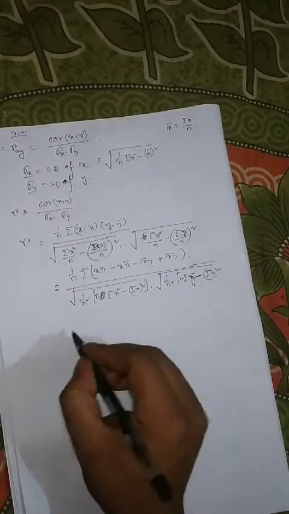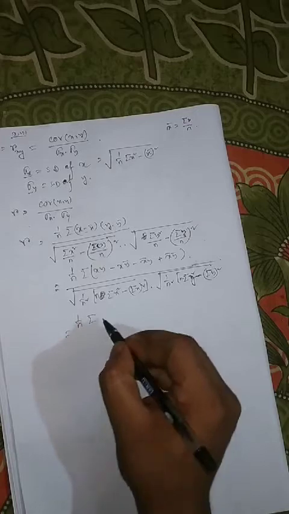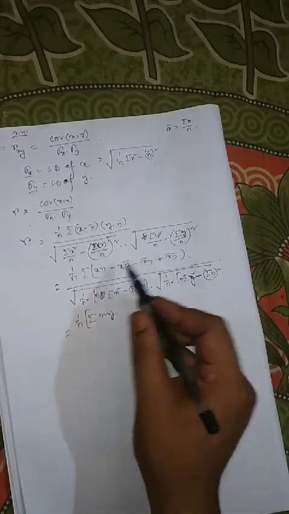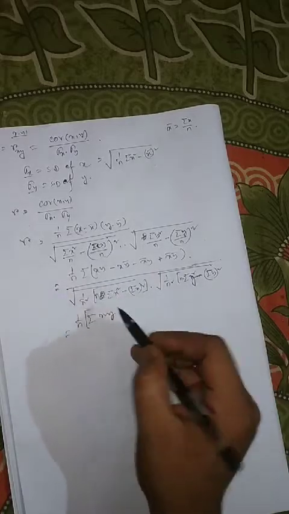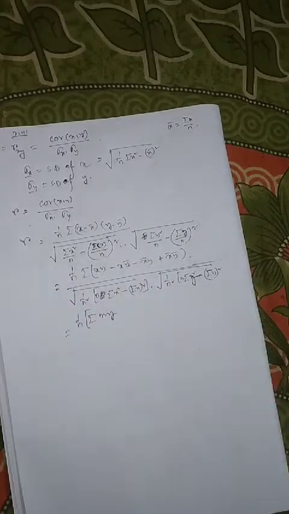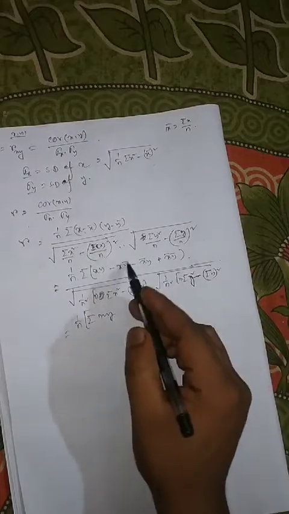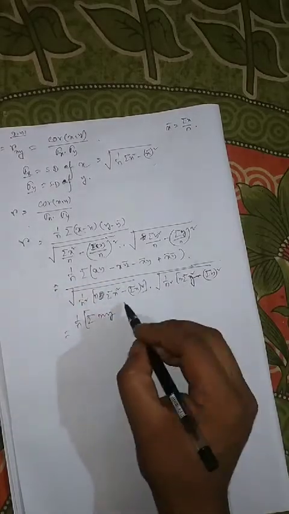Okay, now 1 by n summation xy. If we take the summation in individual form, we get x bar y bar as a constant number. For a distribution, x bar is the mean of x, which is constant, so we can take the constant part out of the summation.